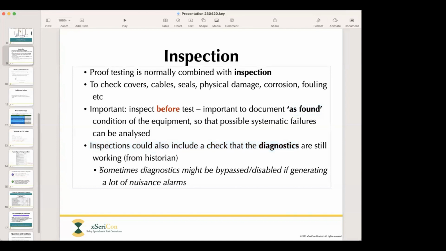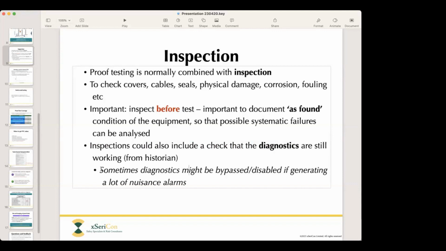And it's important not to assume that the diagnostics are actually running. For example, supposing the diagnostics are found to give a lot of nuisance alarms, a lot of, should we say, fault reports, which maybe are not genuine faults or are not serious enough to merit further investigation. It could be that the operator is getting bombarded with a lot of nuisance messages or alarms from the diagnostics.